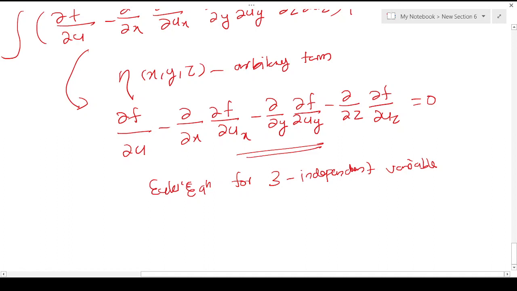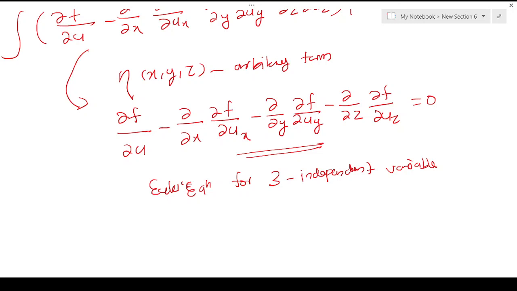With that, I'll be winding up today's session. In the next class we'll discuss the Lagrange equation representation for several dependent and independent variables. We have first addressed several dependent variables, then several independent variables.